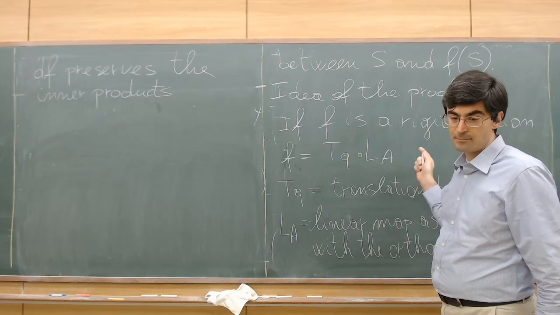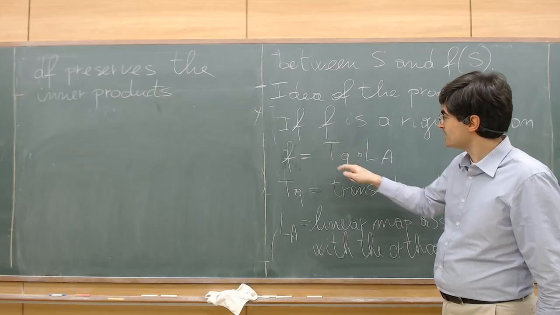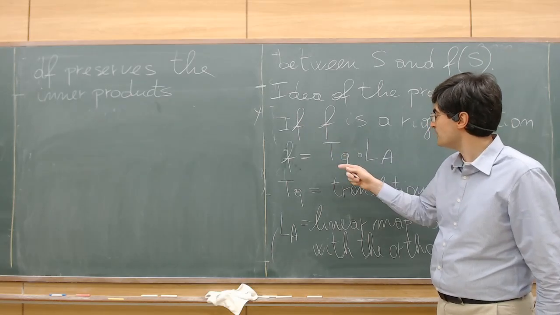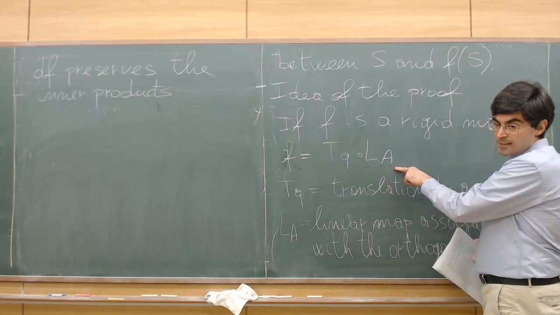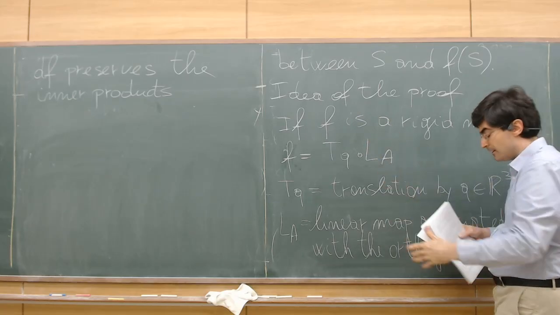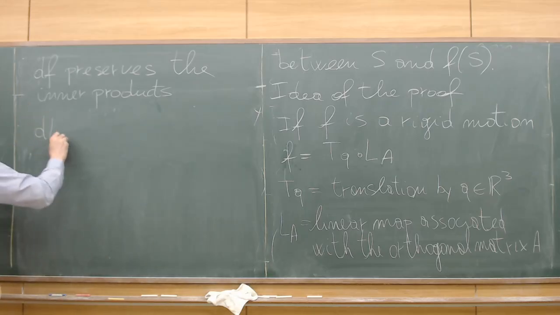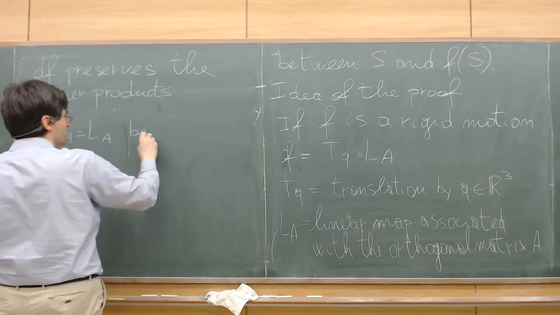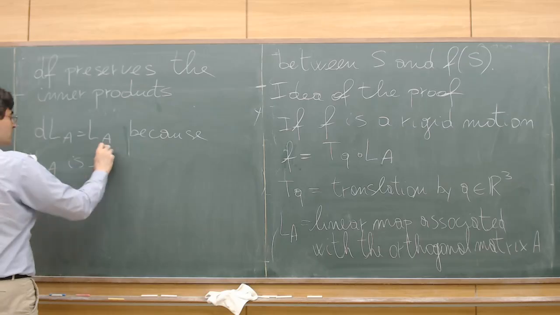Sorry, Tq is a translation, so the differential dTq is trivial. Instead, dLA is a linear map, so the map dLA coincides with LA. So dLA equals LA because LA is linear.